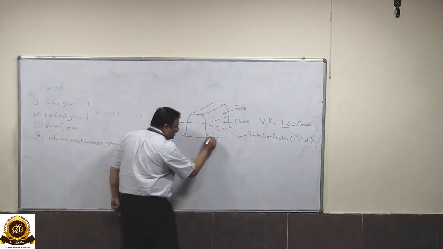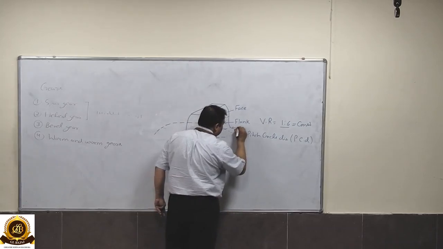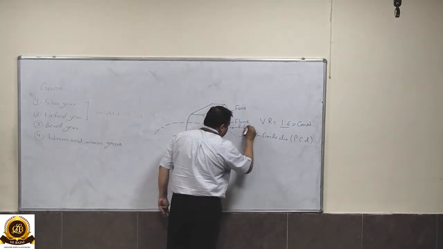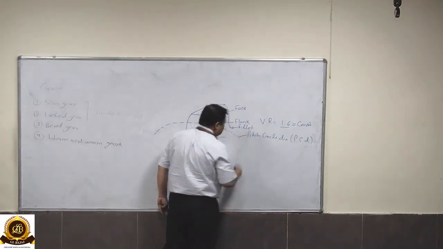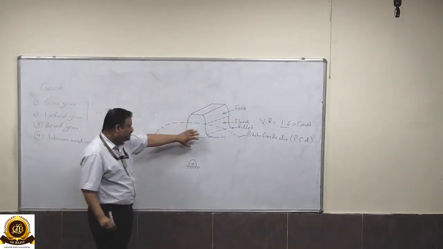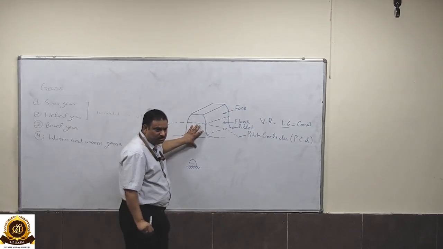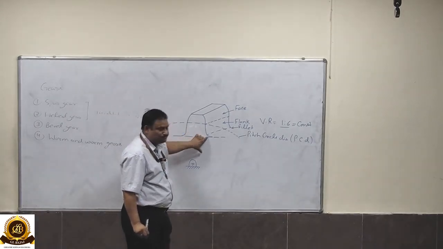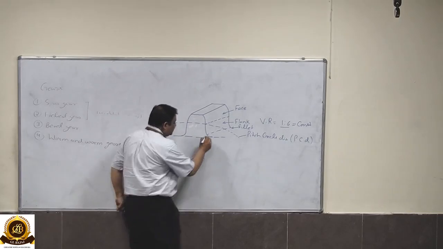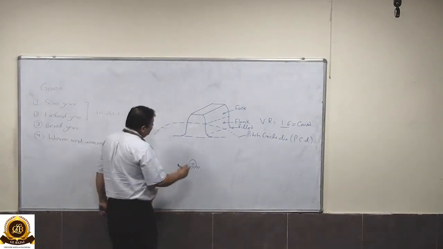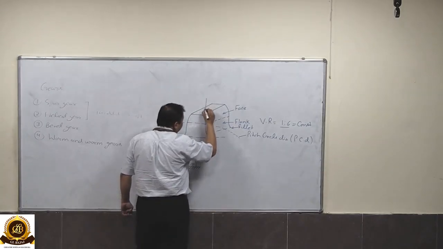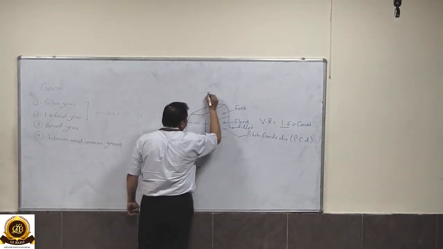And there is a fillet radius, right? In order to avoid any stress concentration on the gear, this is a fillet. So basically this is the total height of a single tooth. Now the topmost surface is called the top land.